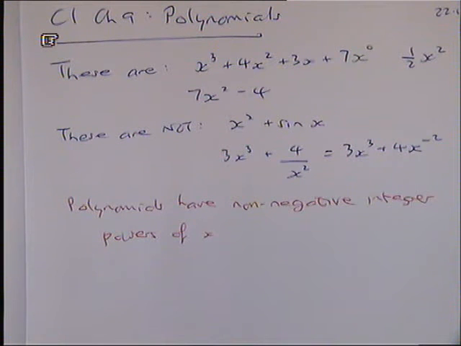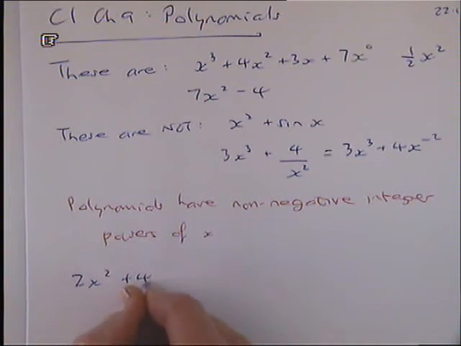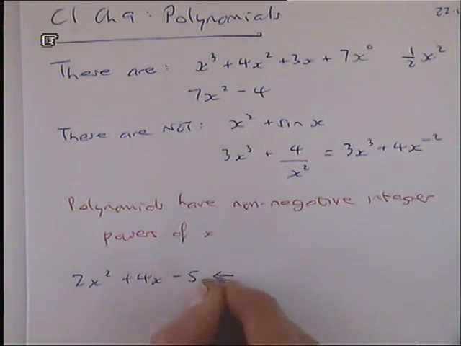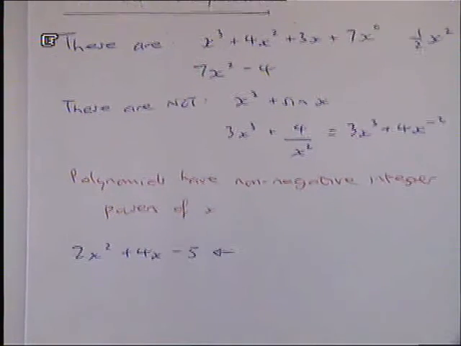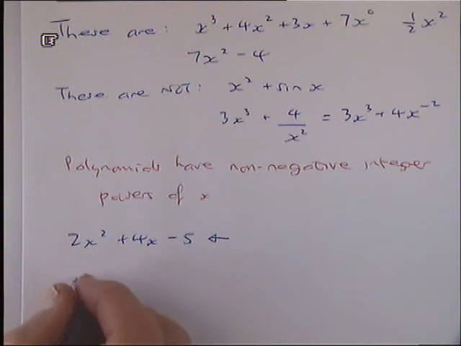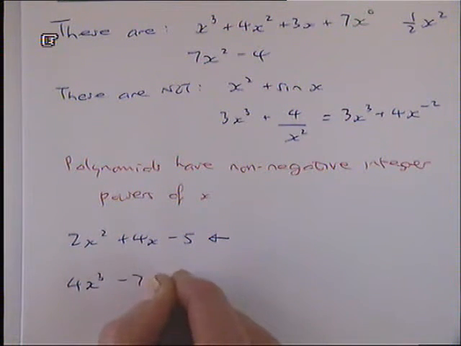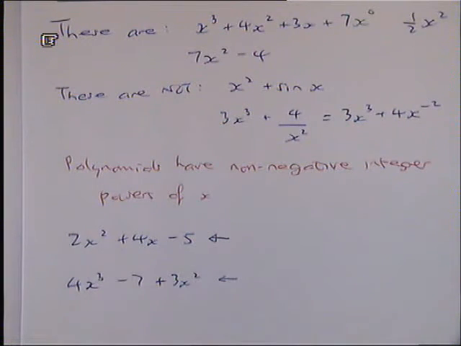Okay? So, this one here, 2x squared plus 4x minus 5. What can you tell me is a key thing about that polynomial compared with this one? 4x cubed minus 7 plus 3x squared. What's a key difference?